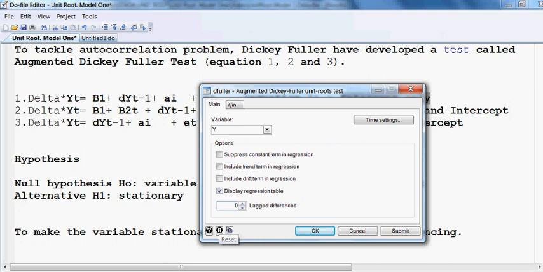Then I run the model. Everything is set, so I press OK.